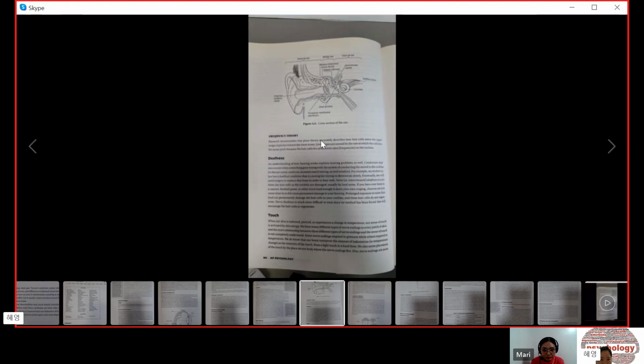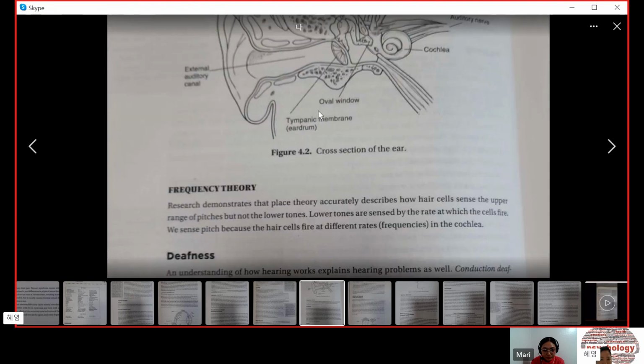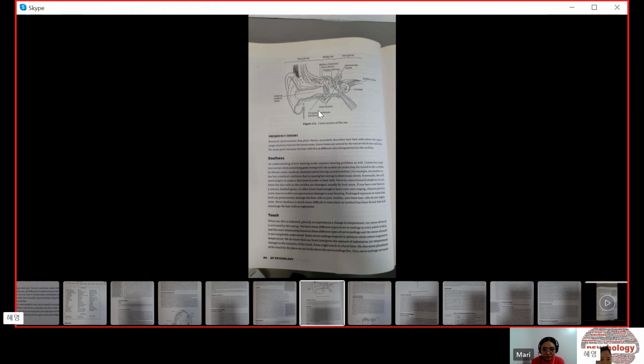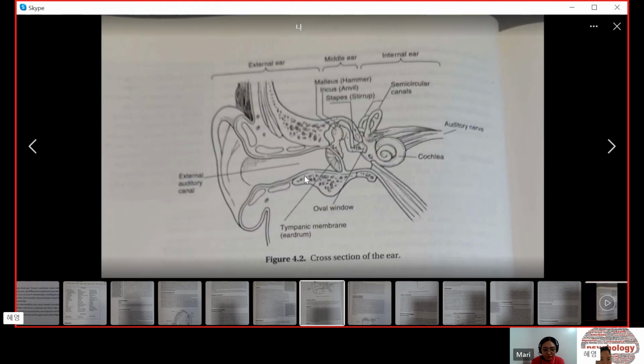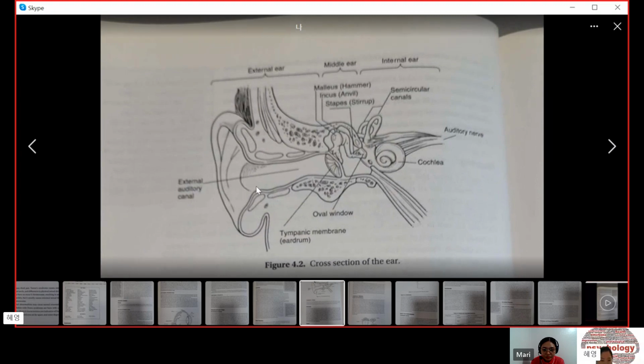And this is our ear. So this is the external auditory canal. And then this is the external ear, middle ear, and internal ear.